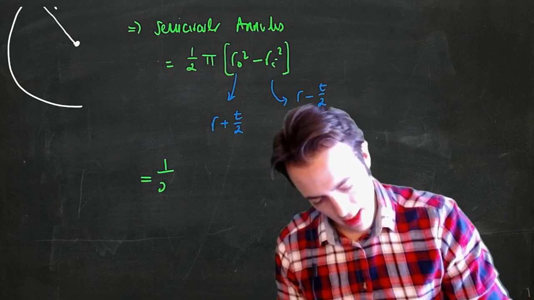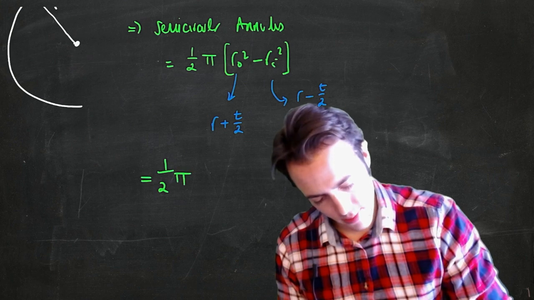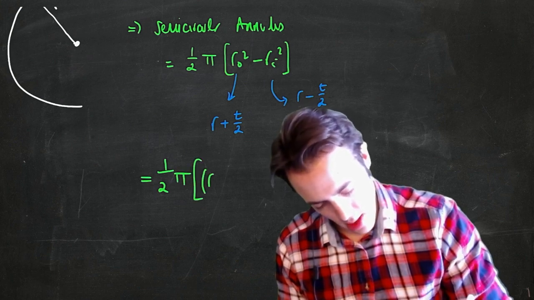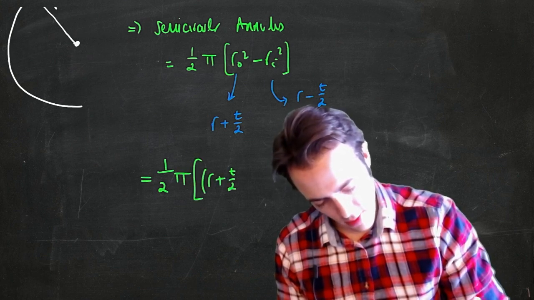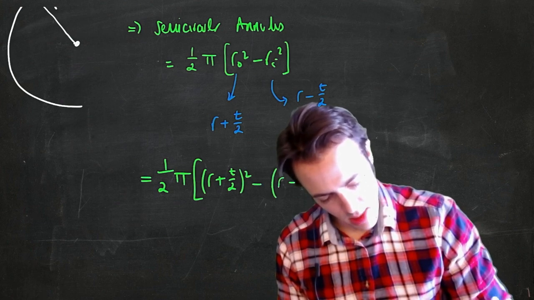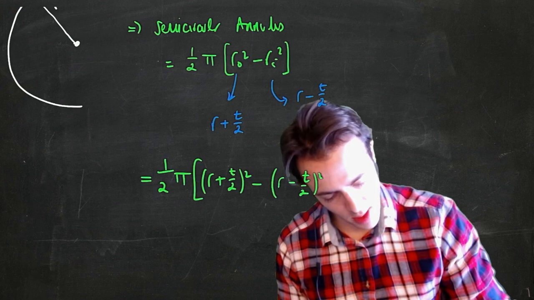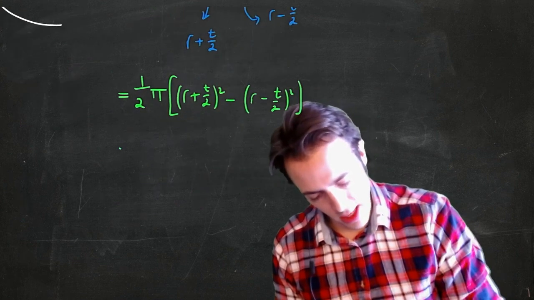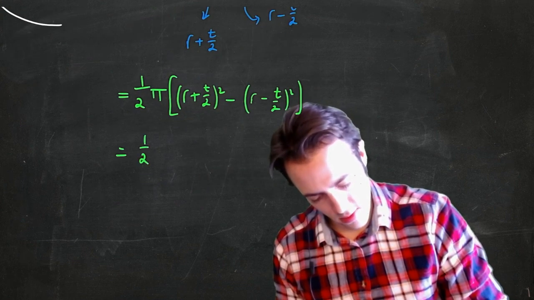So our semicircular annulus area is half pi ((r plus t on 2) squared minus (r minus t on 2) squared). So we'll expand both of these.